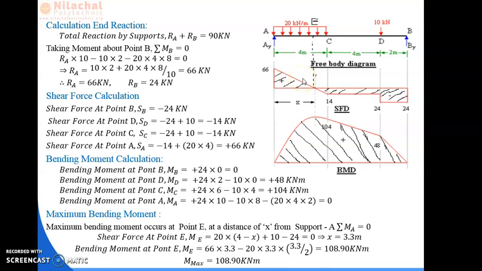The reaction RA is obtained as 66 kilonewton at point A. So SA is equal to 66 kilonewton. So SB is equal to minus 24 kilonewton, SD minus 14 kilonewton, SC minus 14 kilonewton, and SA 66 kilonewton positive.